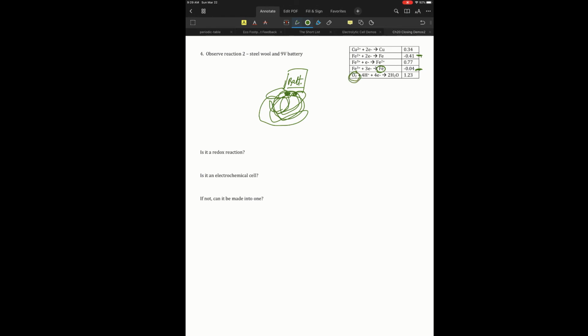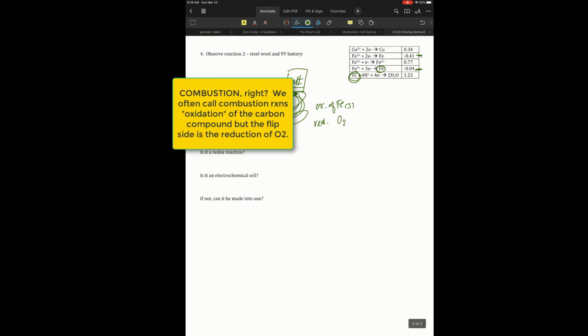Clearly we're getting the oxidation of iron, and clearly the reduction is O2, because that's the only thing that's available.